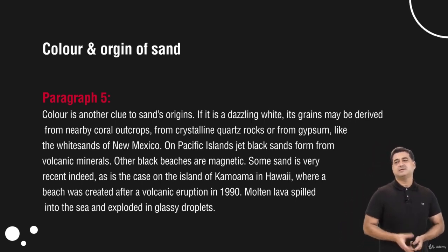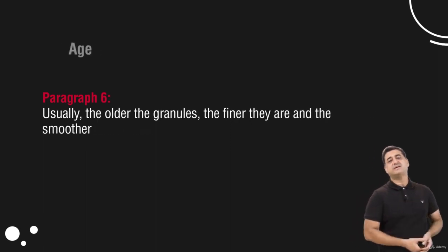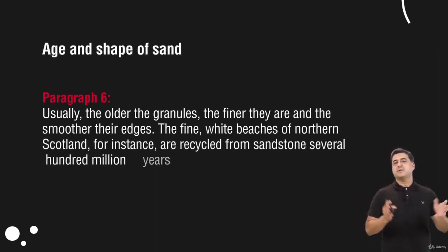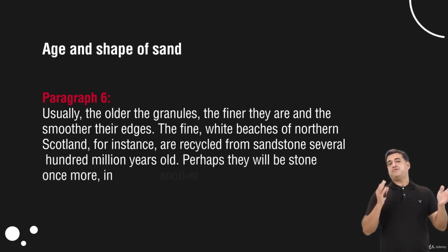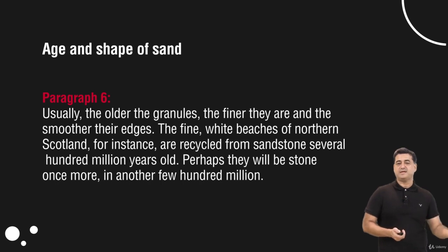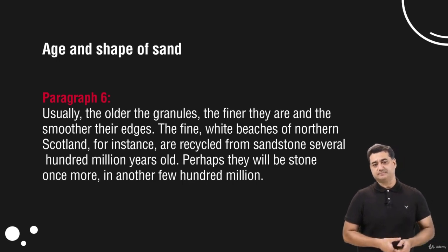And then the sixth paragraph says, usually the older the granules, the finer they are and smoother their edges. So what it is saying is what are the effects of age on the shape of sand? They are finer and smoother as they become old. So age and shape of sand.